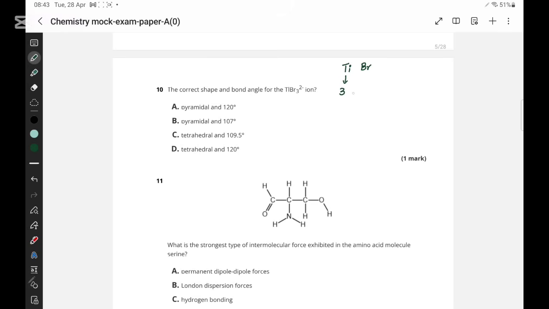It belongs to group 3, so it has 3 electrons, and bromine belongs to group 7, having 7 electrons, multiplied by 3. There is a -2 charge, so I add 2 electrons because they have gained electrons. 3 plus 21 plus 2 comes out to be 26.